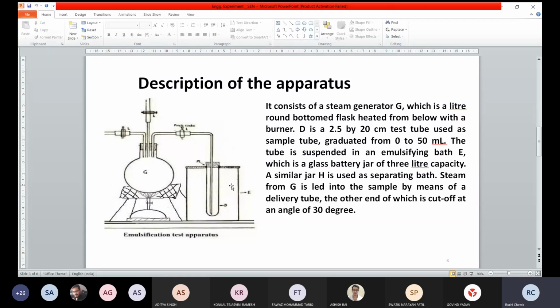And yes, 20 ml of oil will be taken initially and steam will be bubbled through it, through this delivery tube. You will keep on bubbling the steam until you see that the volume of oil has almost doubled.